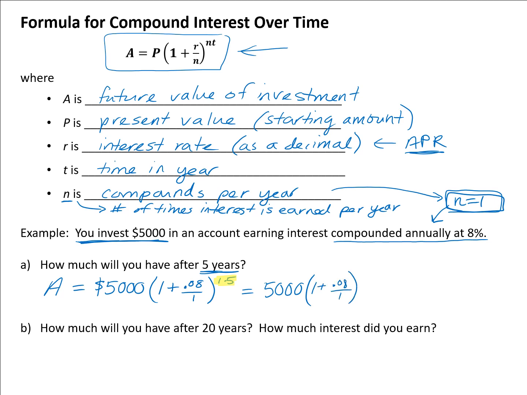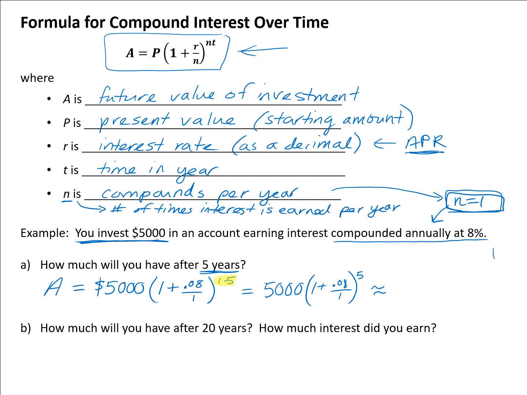So basically, what I recommend is do the exponent first, then throw the rest of this into your calculator. Use the parentheses buttons of your scientific calculator. So you would have 5,000 times parentheses 1 plus 0.08. Now you could divide by 1, but you don't have to. Anything divided by 1 is just that thing. Close the parentheses and then raise it to the 5th power.